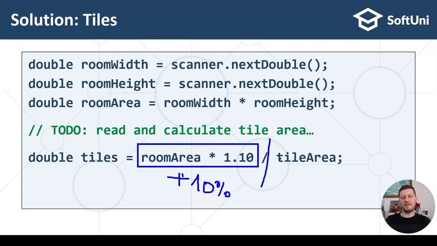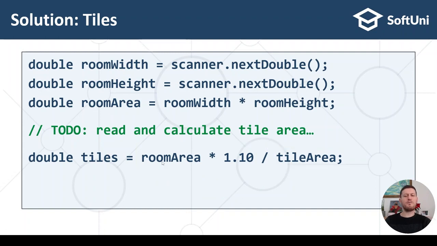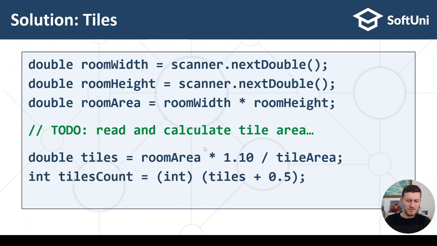And when you divide this by the tile area, you will find exactly how many tiles you will need, but this will be a floating point number. It will not be an integer. So you can round it like this.